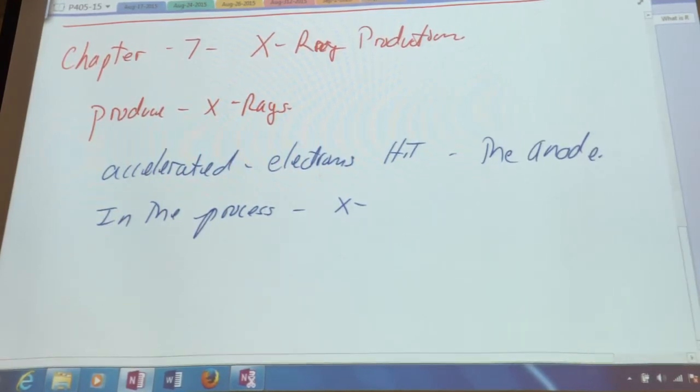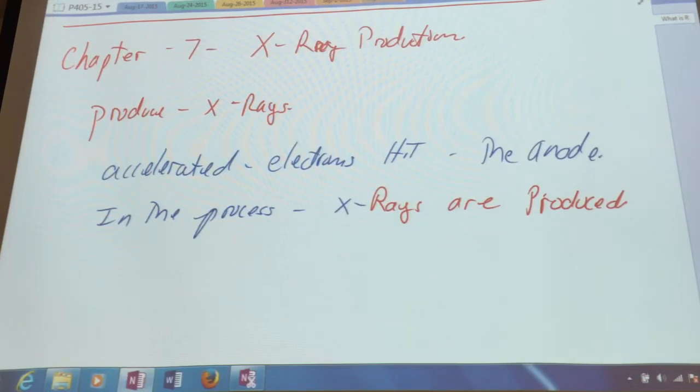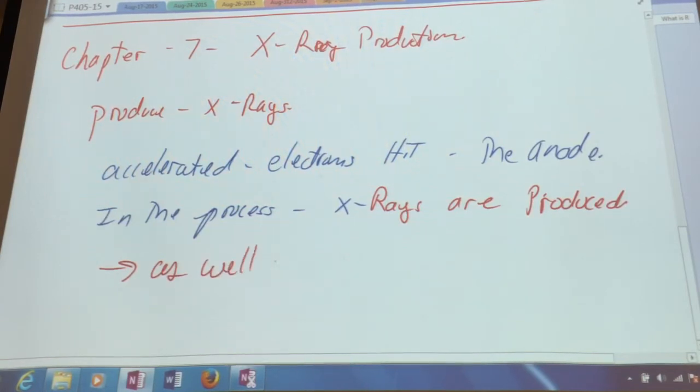There's 2 A's in X-ray, right? So we have our accelerated electrons, they hit the anode, in that process X-rays are produced, as well as a whole bunch of heat. So the X-rays are a good thing, the heat's a bad thing. That's why we need a rotating anode to help cool it off.